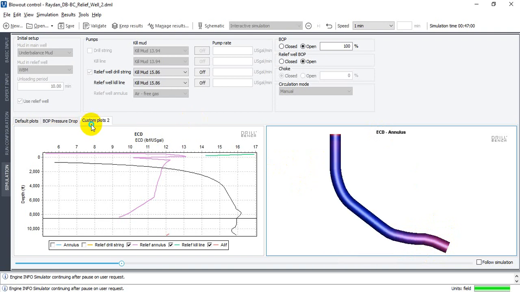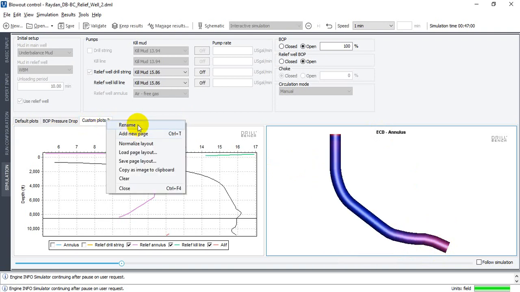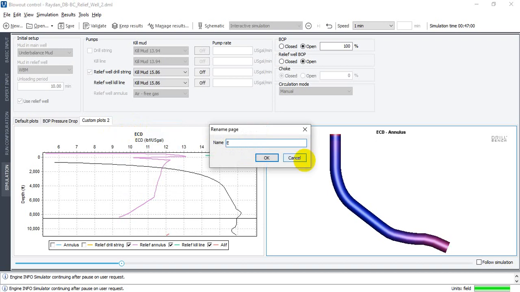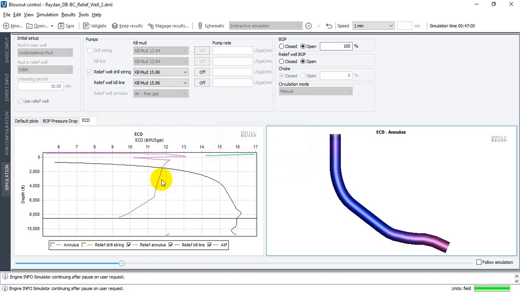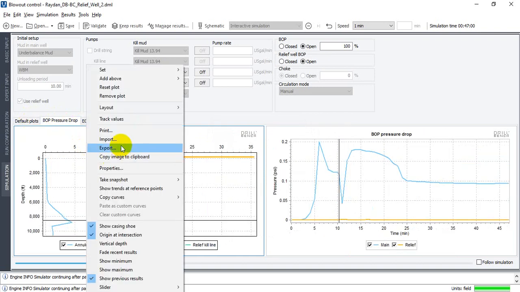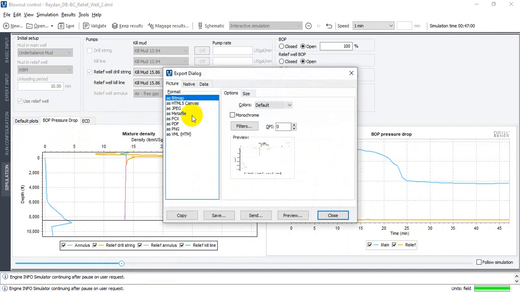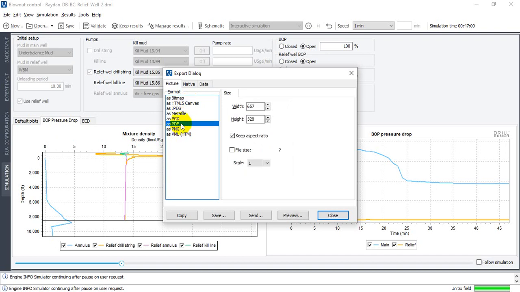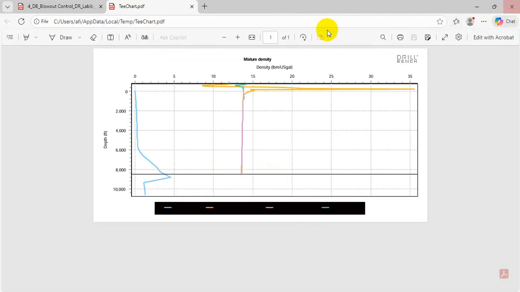And we can here rename the custom plots, for example, AECD. And every plot you can export and save, export as JPG, bitmap, or PDF, and select where you want to save, or you can also copy or save or send or preview as you like in the PDF, for example.